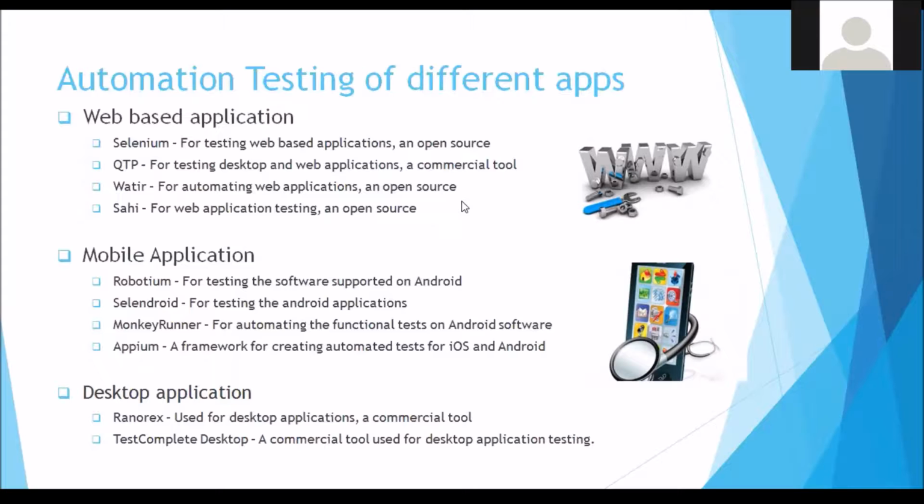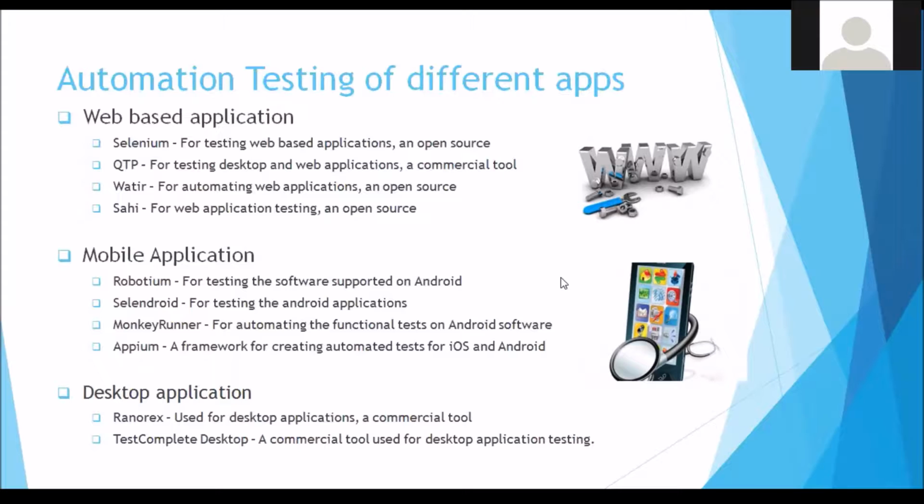For web-based applications, we can use Selenium, QTP, Watir, Sahi, and there are many more, but I have taken these examples. Among these, the only commercial tool I have taken as an example is QTP. The others are open source.